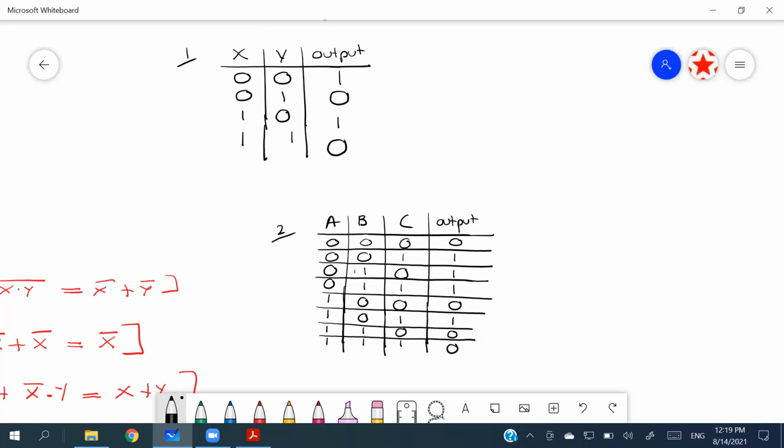That's correct. And yeah, this one's SOP. Let me see. A bar, B bar, C, A bar, B, C bar. Okay. Yes, yes, that's correct. And the POS terms. Okay. Right, okay. Okay, right, yes, very good, very good. Well done. Both are correct.